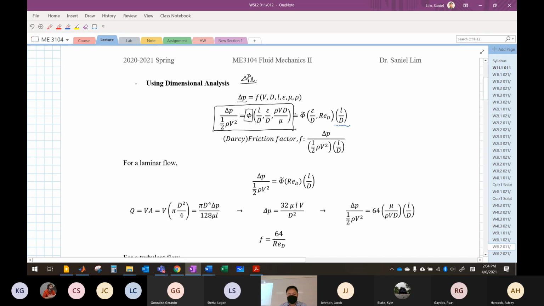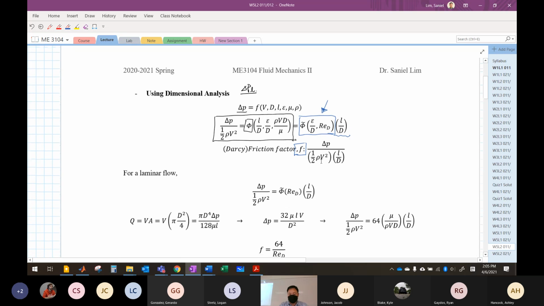Then we isolate these two dimensionless groups within the function and set it as an unknown dimensionless group. Then we introduced a new terminology, the friction factor, more accurately the Darcy friction factor f. We define this whole unknown function of the surface roughness and the Reynolds number as the friction factor.